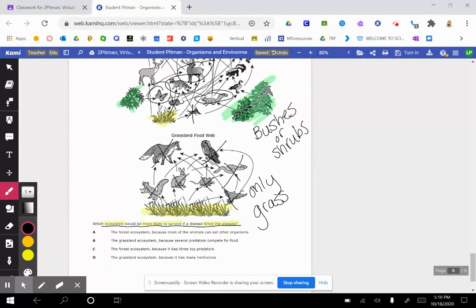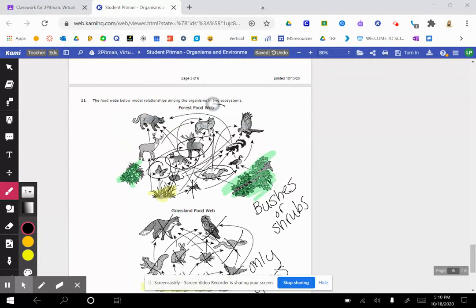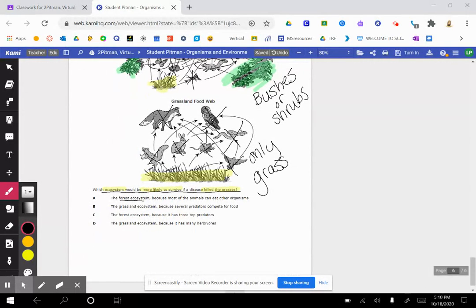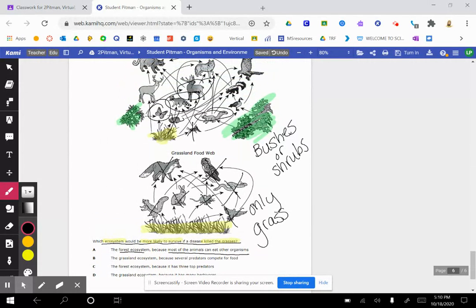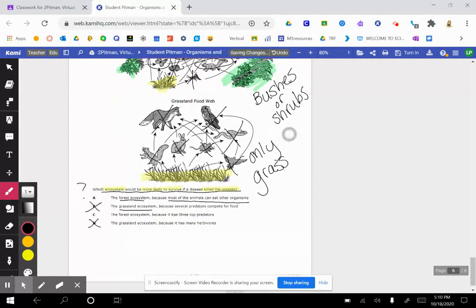It says the forest ecosystem, which was our top one, because most of the animals eat other organisms. Well, we just saw that most of them do have another food source, so that's a maybe. The grassland ecosystem, well, I already said they're not going to survive. So actually, I can mark out B and D because the grassland system's not going to survive.